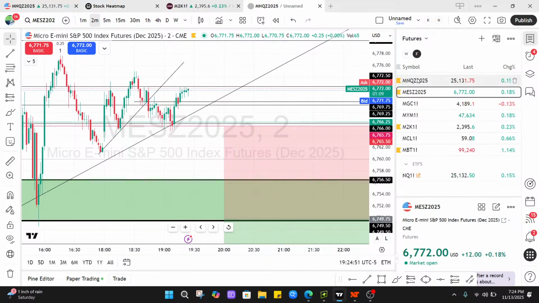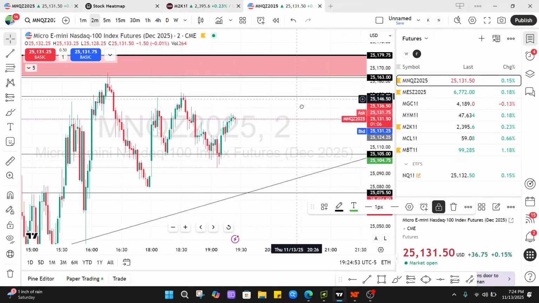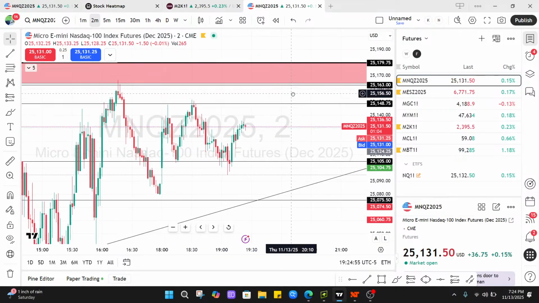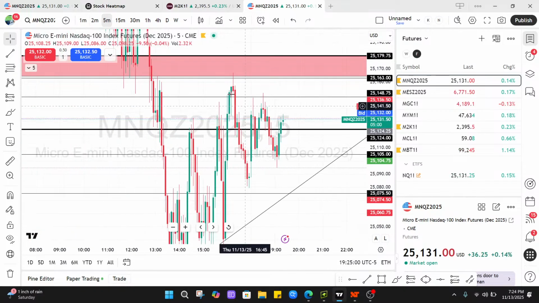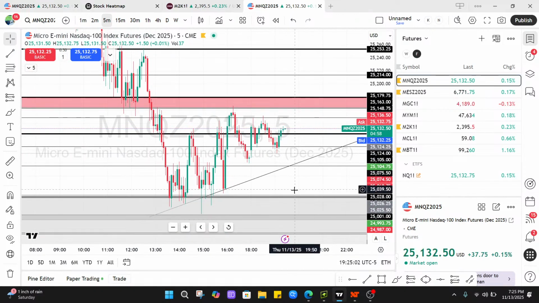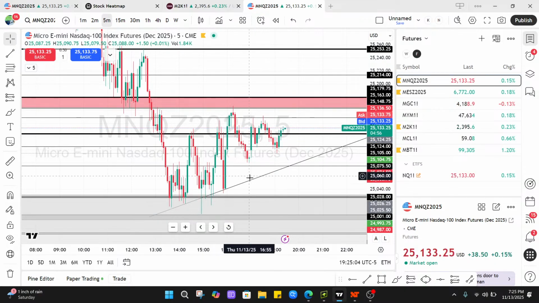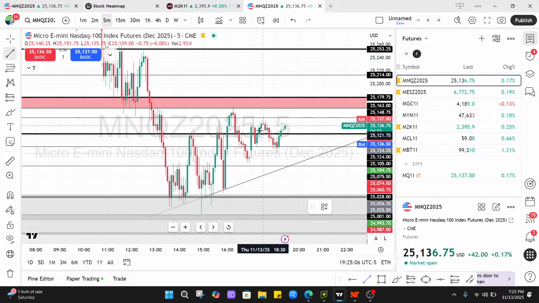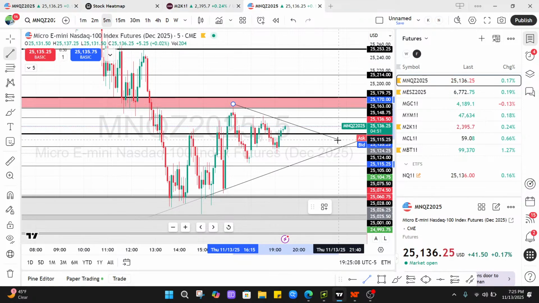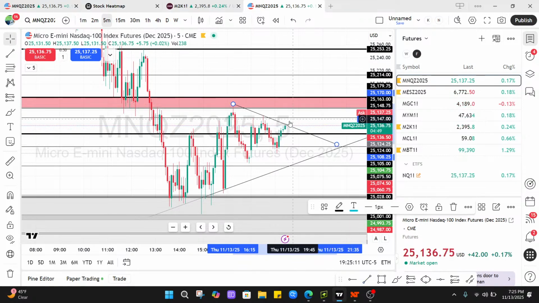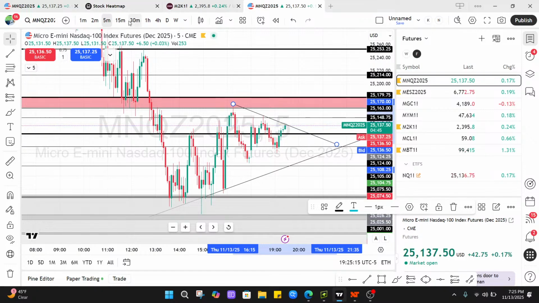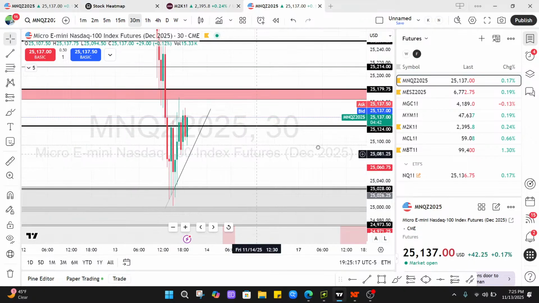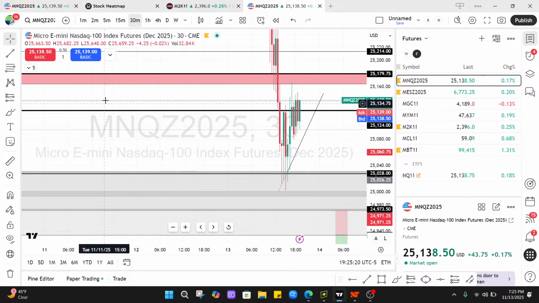Like, let's see. Here on the NQs, we have some consolidation to the bottom. On the short term, we have some consolidation to the top. This is trash.